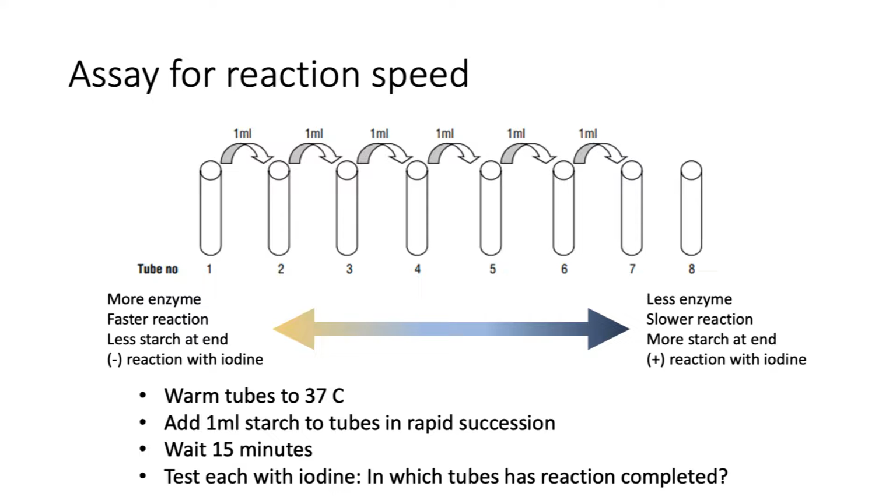What we're looking for is the tube with the least concentrated amylase that still manages to complete the reaction. So we're looking for the first colorless tube, or the tube furthest to the right that is still colorless.